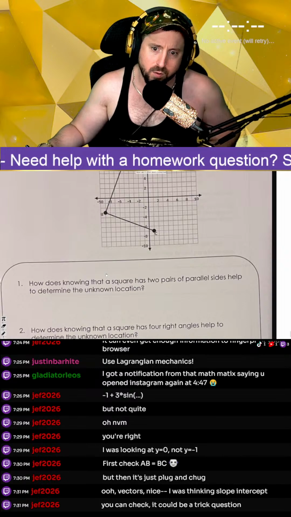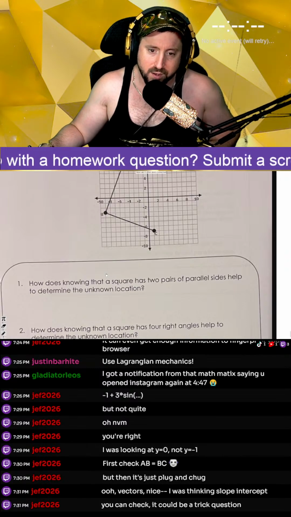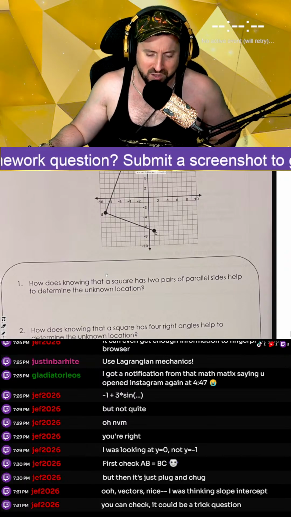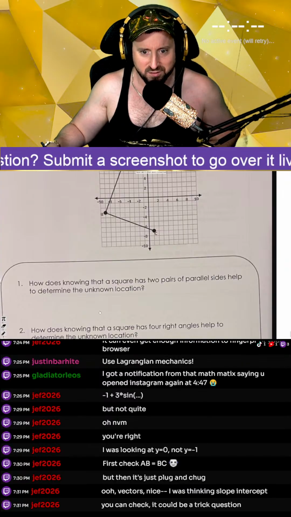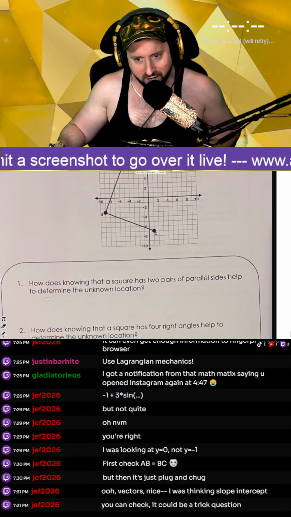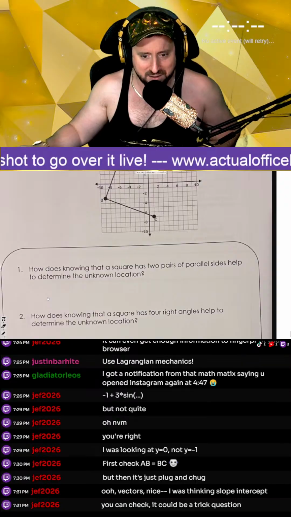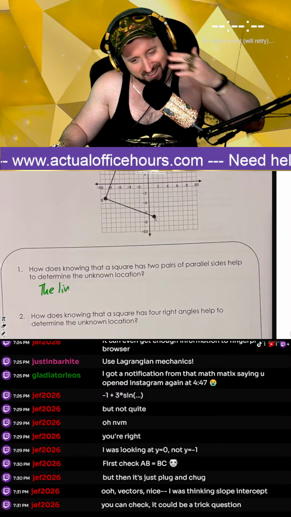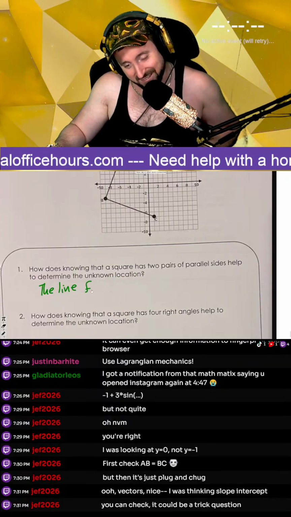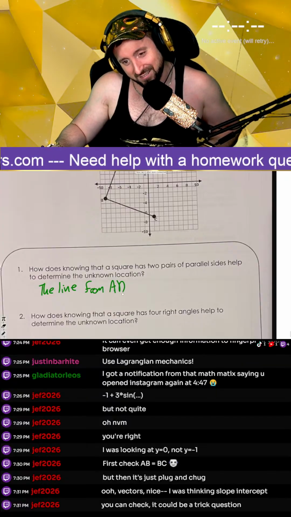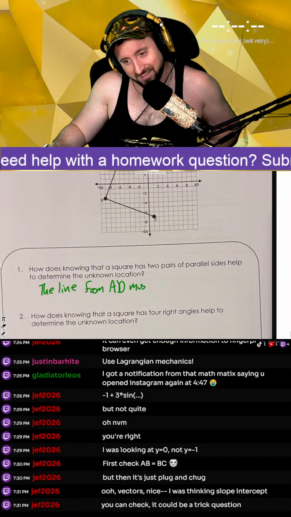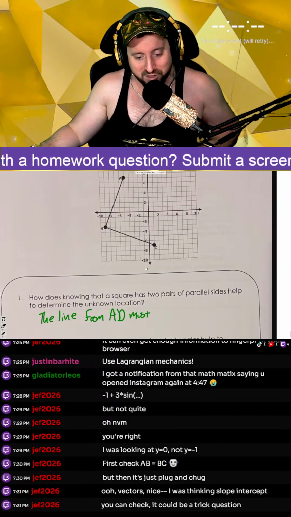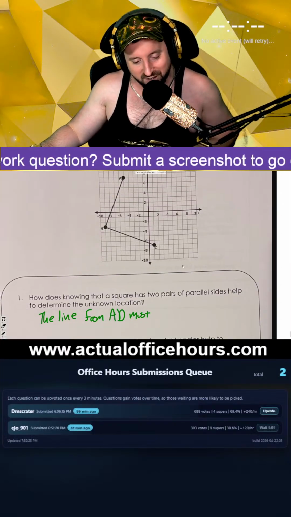How does knowing that a square has 2 pairs of parallel lines help to determine the unknown location? The line from A to D must also... I don't know what. This hurts my brain. I feel like it hurts because it's obvious. Yeah, it's like, why is 2 plus 2 equal to 4? And I'm just like, I don't know.